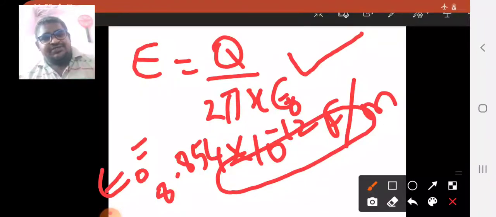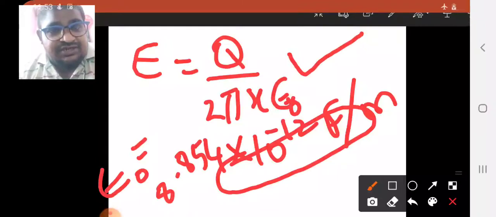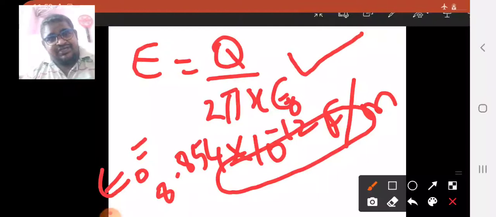Here you can observe that when x is equal to 0, the electric field intensity is infinity. That is, at the center of the conductor, at the center of the line, the electric field intensity value is maximum. And when x is equal to infinity, the electric field intensity is 0. You can write it like this.